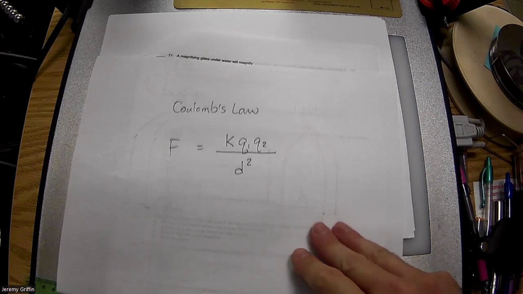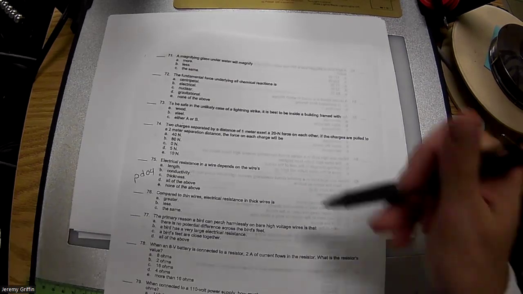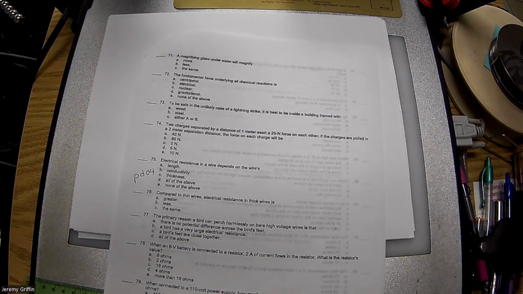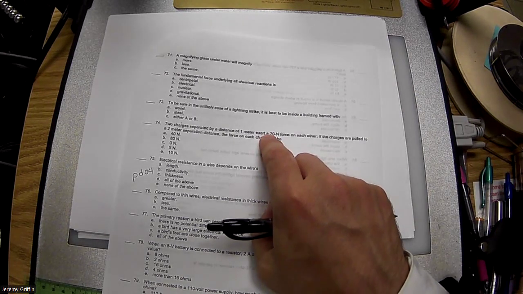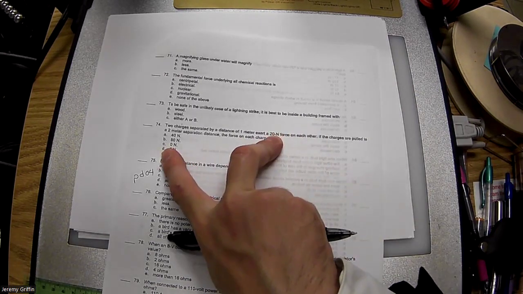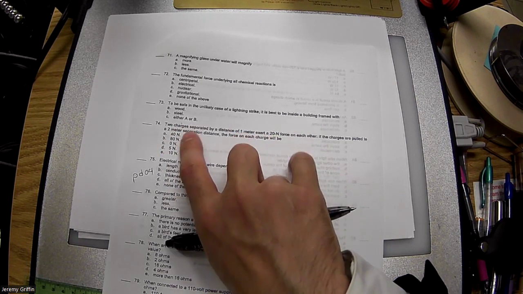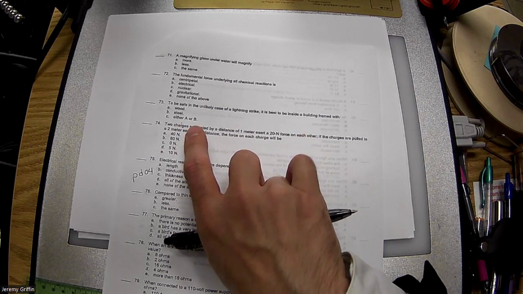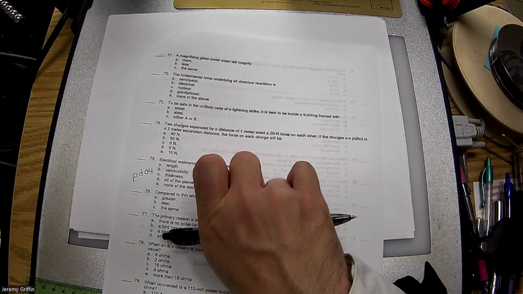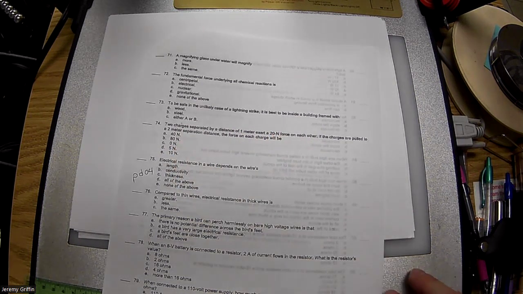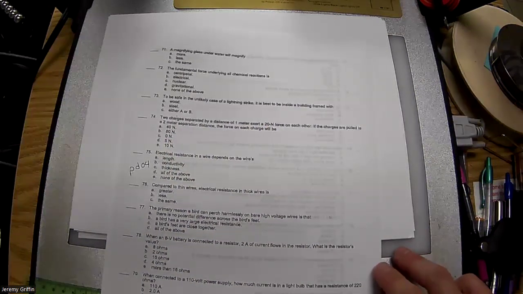Now, if the original force was 20 newtons, what's 1/4 of that? 5 newtons. So we double the distance from 1 to 2 meters, that factor squared, and then 1 over that, that's 1/4 of the force. 1/4 of 20 newtons is 5 newtons. You guys navigate that?